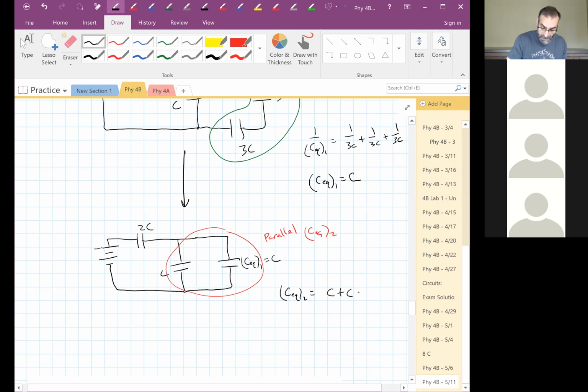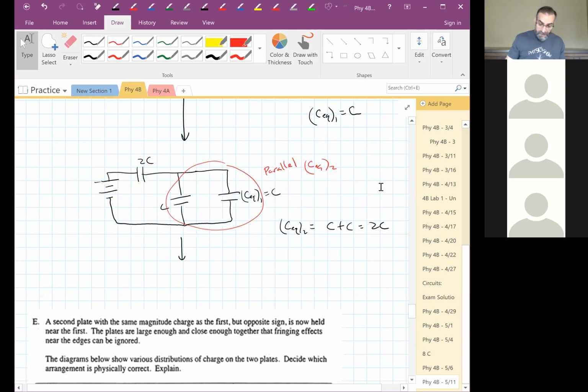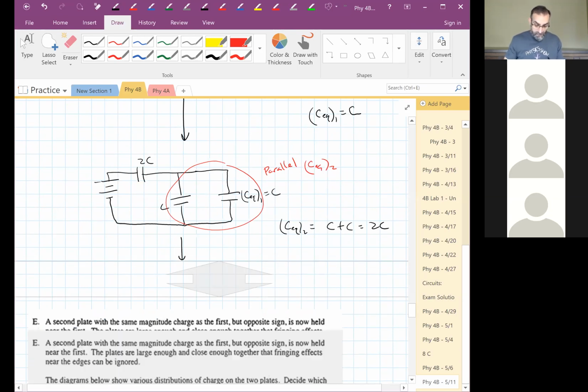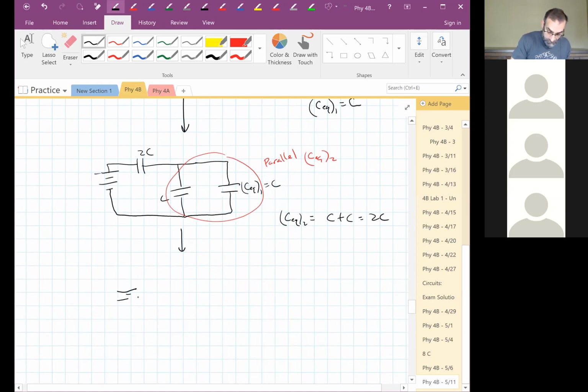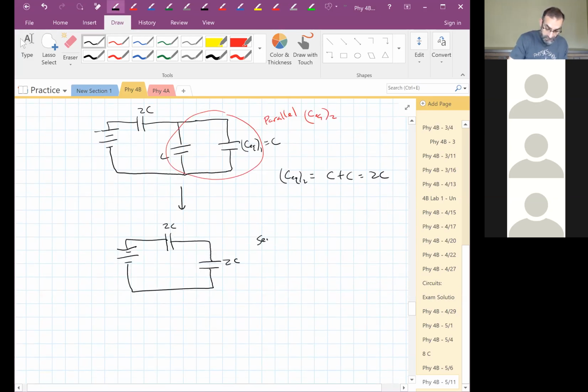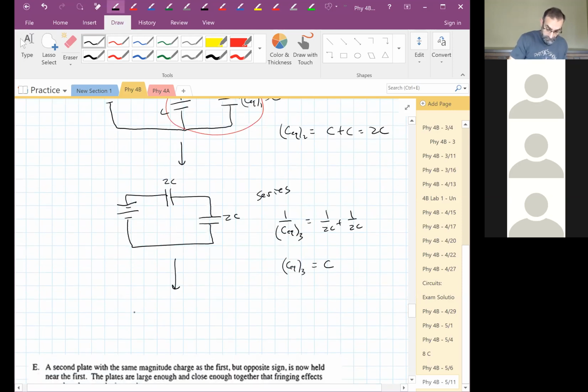And that's just C plus C. And then you draw it out as 1. Right? And this is C equivalent 3.